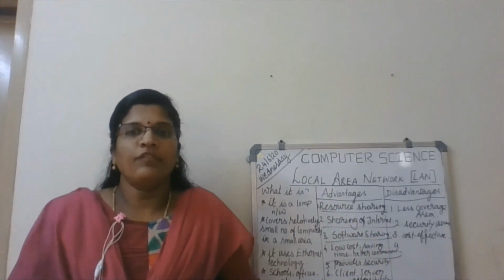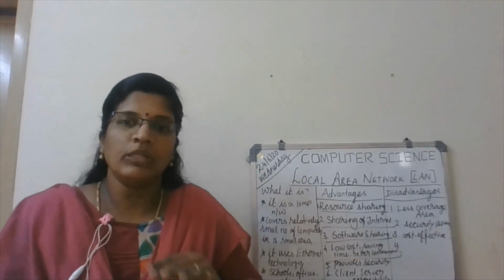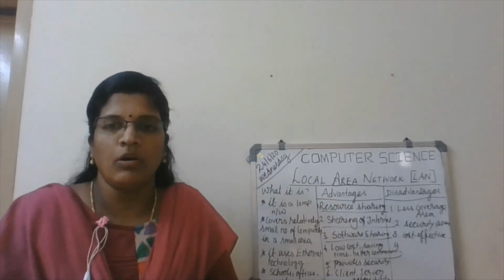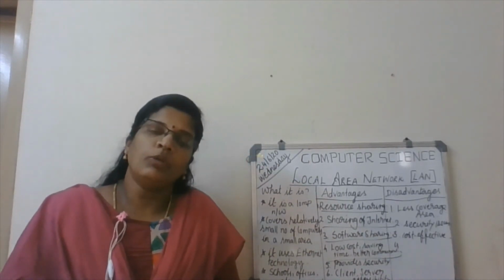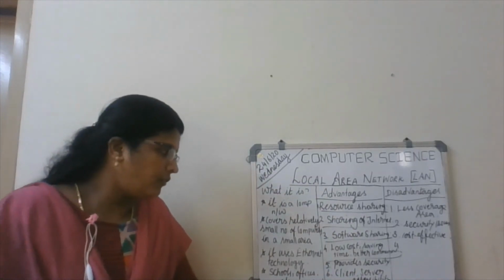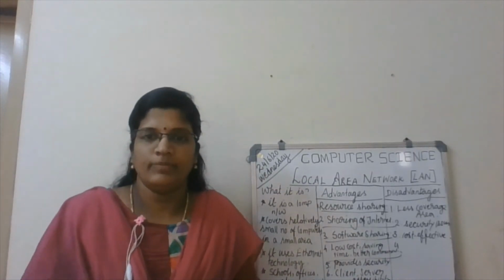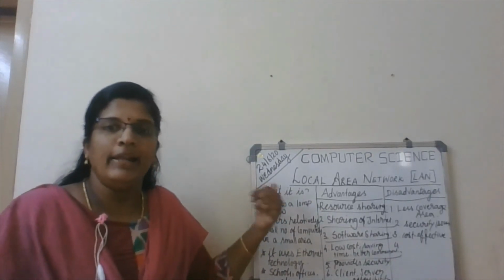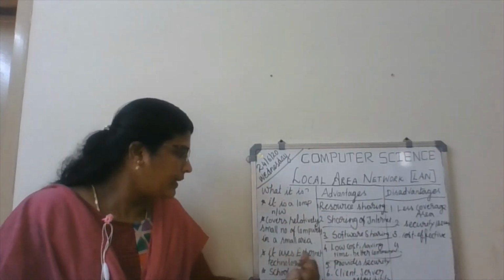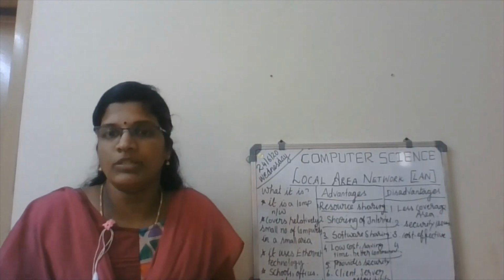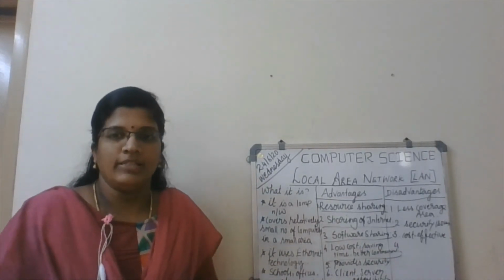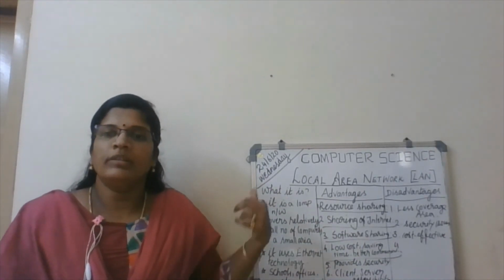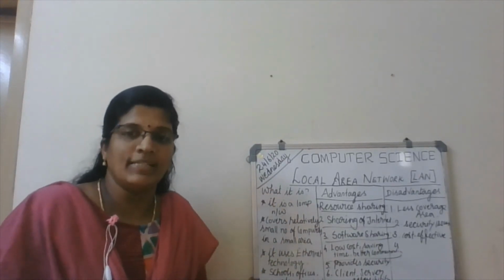Or we can connect a set of computers from one floor to another floor also, using telephone lines or radio waves. The technology used in LAN is Ethernet technology. Got it?